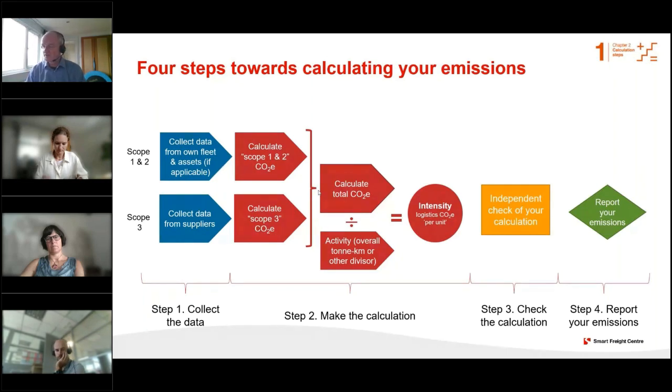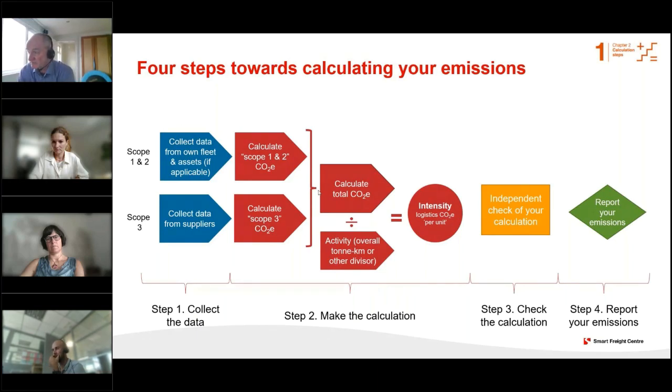There are other divisors allowed, maybe for maritime containers, for example, you might go with TEU kilometers. Post, you might go per item. What's appropriate for an end user might vary slightly, because you might also want to express that purely in terms of tons of product or number of items, number of vehicles produced for an automaker, etc.